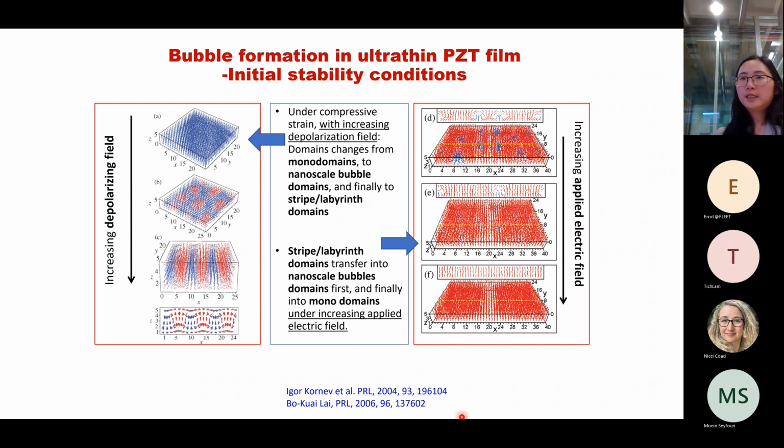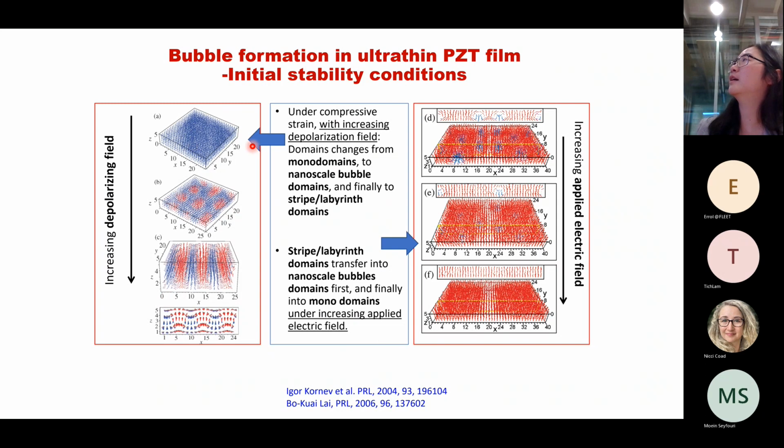Then next we focus on the one we have been studying for the last few years. It's called the nanoscale bubble domains. This type of domain was first reported in theoretical publications in 2004 and 2006, so about 20 years ago.